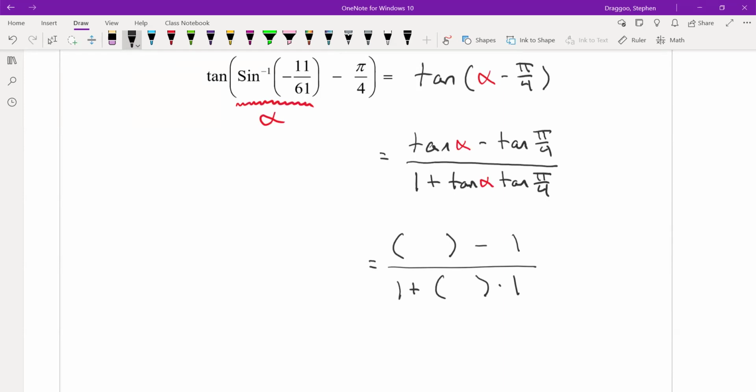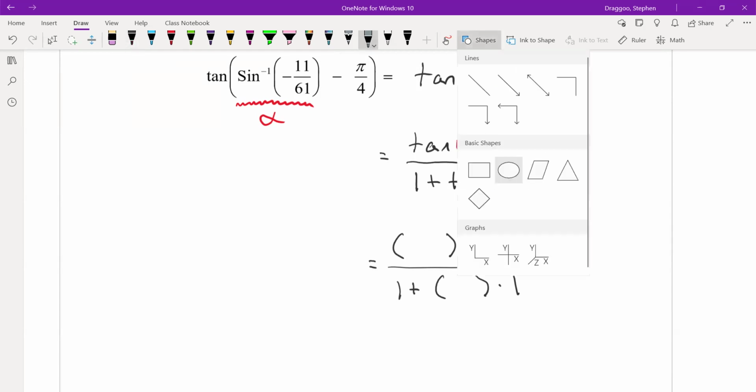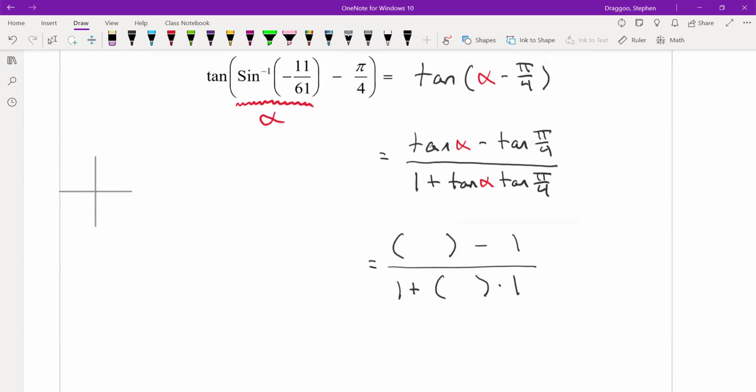In order to do that, I'm going to want a reference triangle. So over here, give myself the coordinate axes again. I'm taking the sine inverse of a negative number. Sine inverse is only in quadrants 1 and 4 because it's the inverse function.